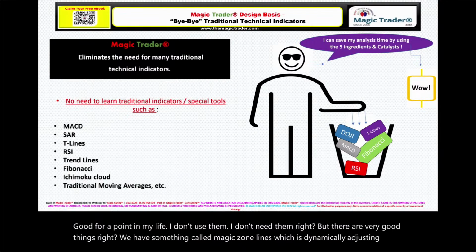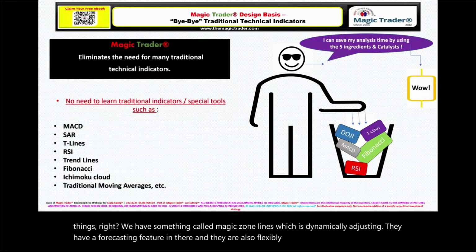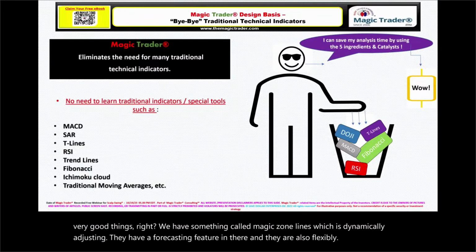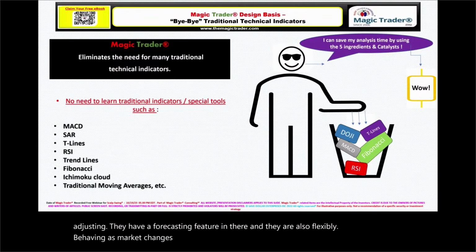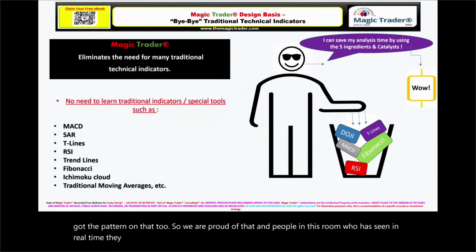They have a forecasting feature in there, and they also flexibly behave as the market changes. That was one of the biggest frustrations I had, and we got the patent on that too. So we are proud of that. And people in this room who have seen it in real time know it forecasts.